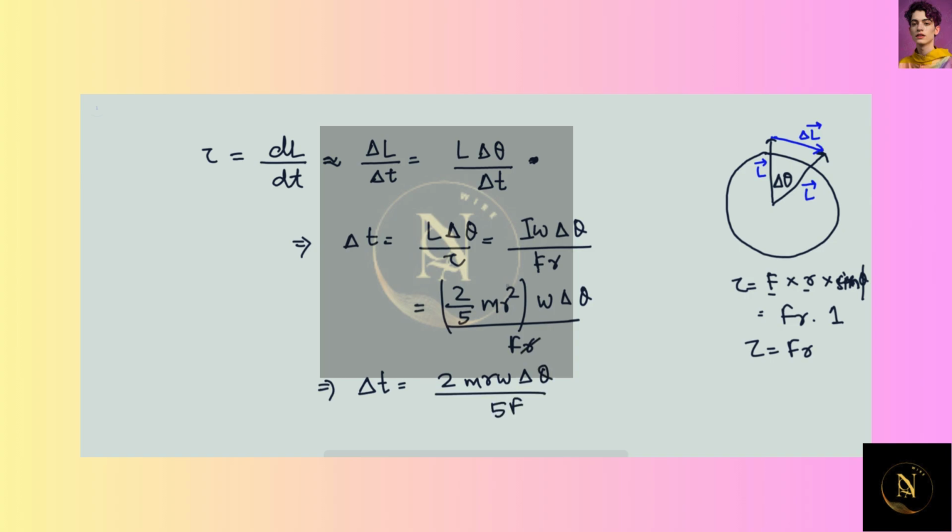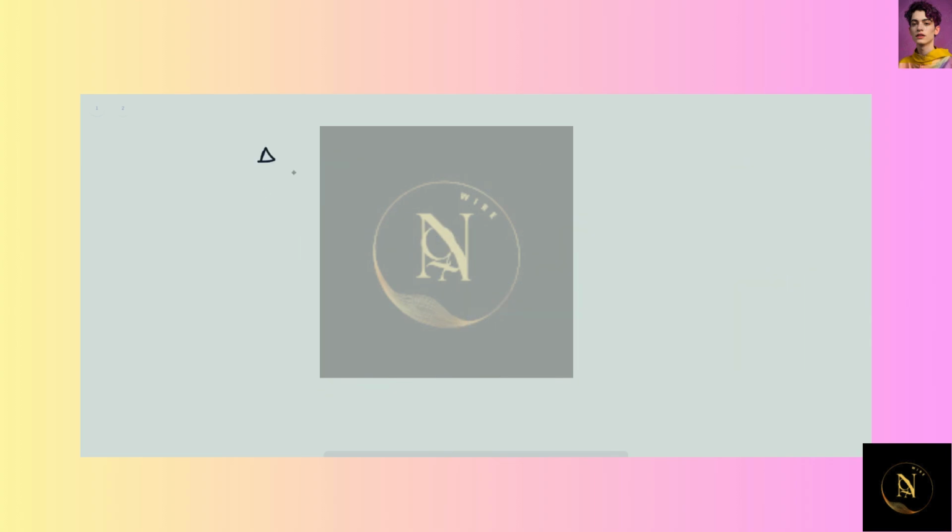So the r and one of the r cancel out. Now let's plug the values that we are given for the problem into this equation. So let me just write the expression again. So we got delta t to be equal to twice of m r omega delta theta over 5F.